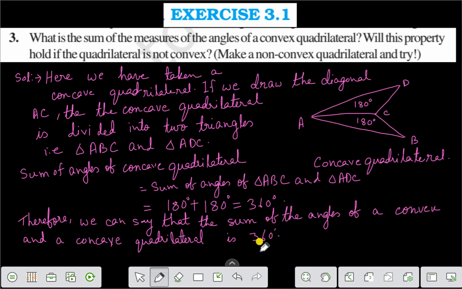Here we have proved that the sum of the angles of a convex quadrilateral and also a concave quadrilateral is always 360 degree.